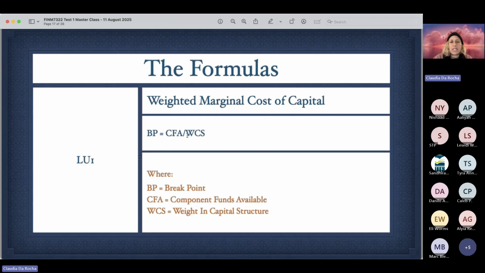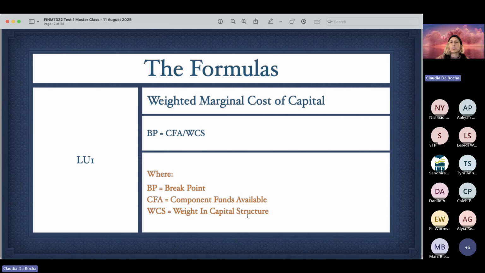So with the breakpoint, it's CFA over WCS, CFA meaning component funds available, and WCS meaning weight in capital structure. Okay. And when we're talking about weight in capital structure, we're talking about the weighting. So either the target weight, the book value weight, or the market value weight, and the component funds available is about how much are the funds that are available for a certain type of capital.